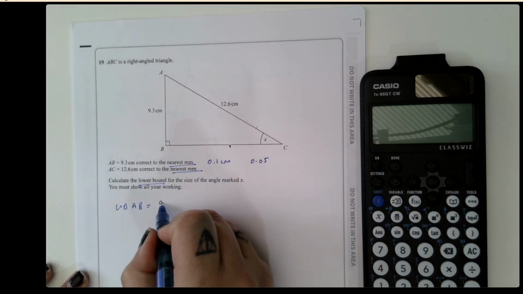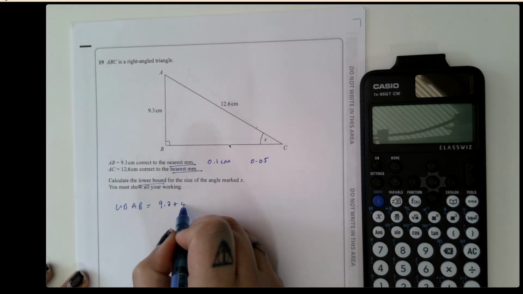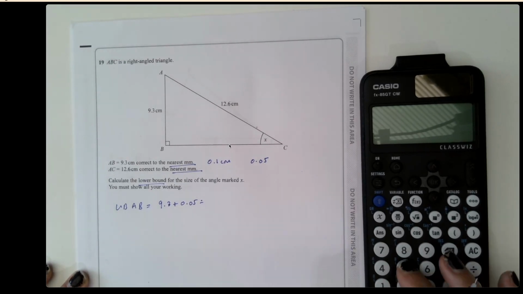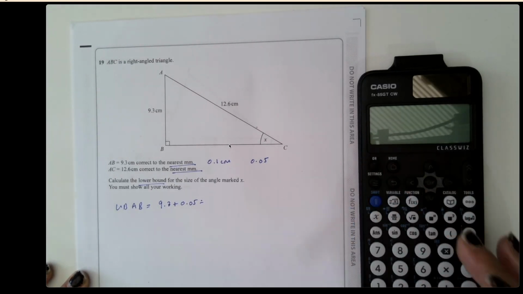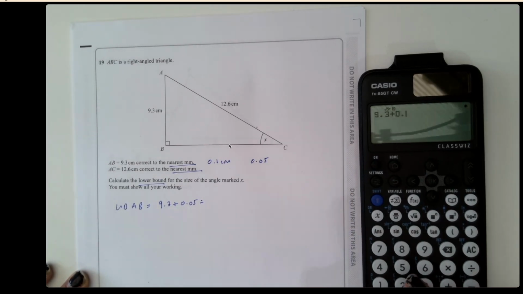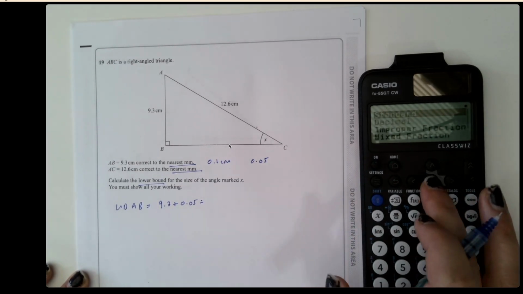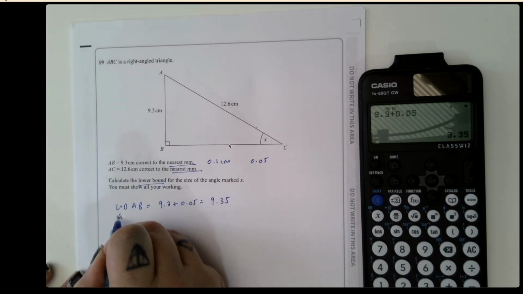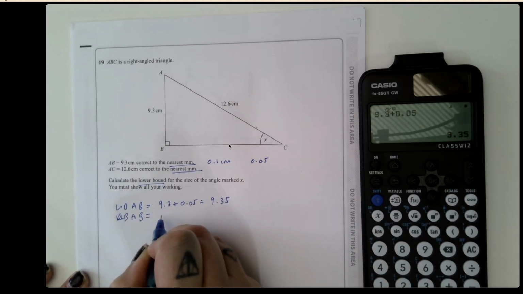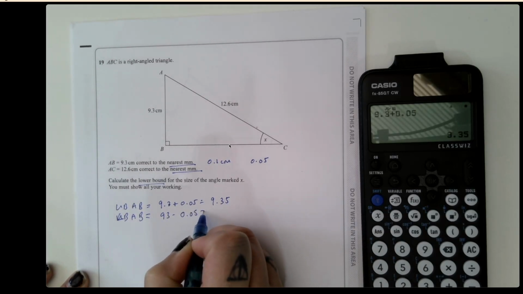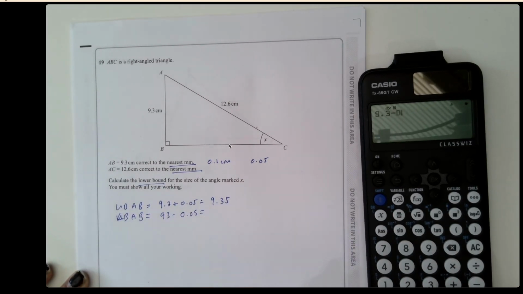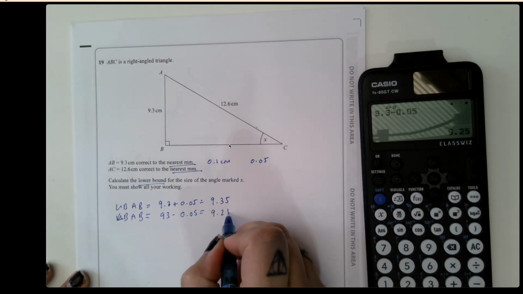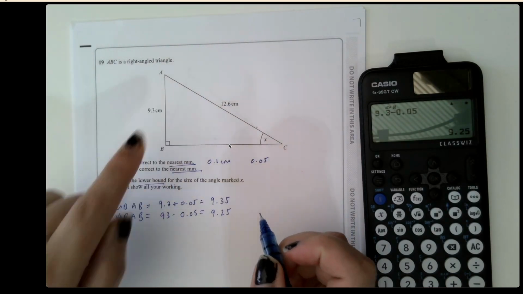So for the upper bound, we do 9.3 plus 0.05, which is 9.35, and then for the lower bound of AB, we subtract 0.05, which is 9.25.